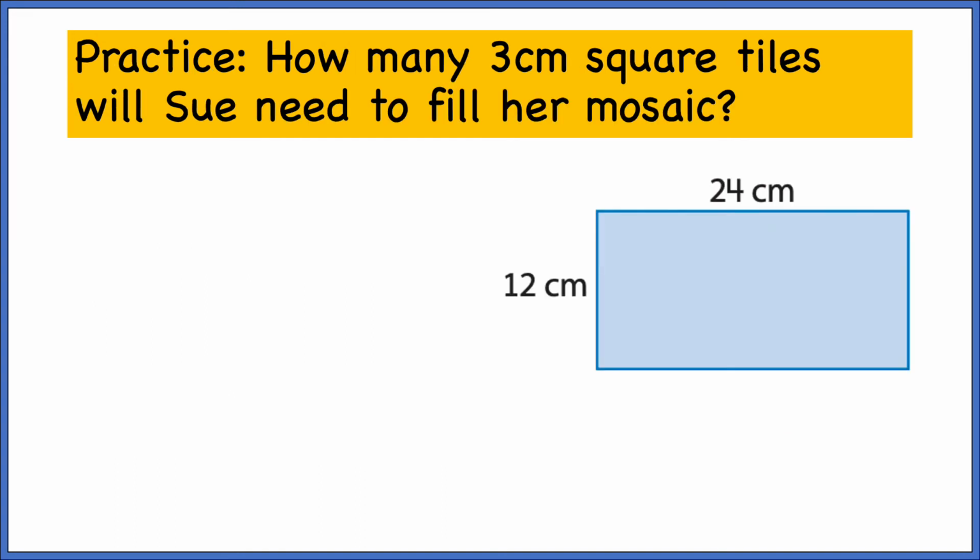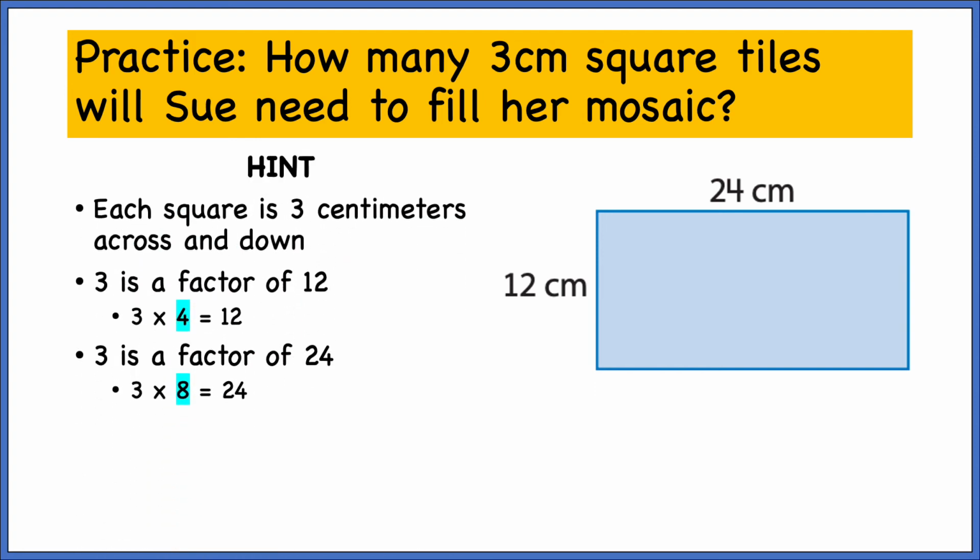Here's another practice problem. How many 3 centimeter square tiles will Sue need to fill her mosaic? The mosaic is 12 centimeters tall by 24 centimeters wide. Here's a hint. We know that each square is 3 centimeters across and down. 3 is a factor of 12. 3 times 4 equals 12. 3 is also a factor of 24. 3 times 8 equals 24.